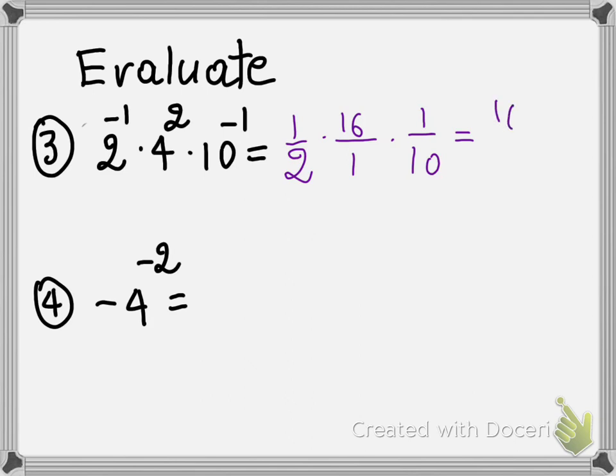This is 16 over 20, which simplifies into 4 over 5. Because 4 goes into 16, 16 divided by 4 is 4, and 20 divided by 4 is 5.